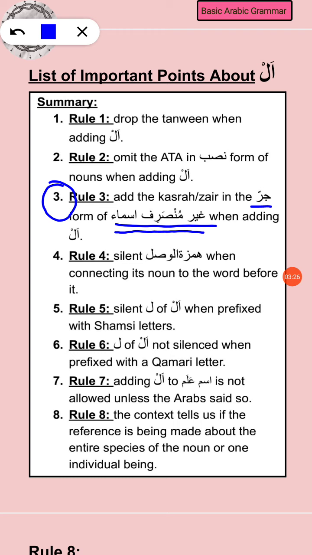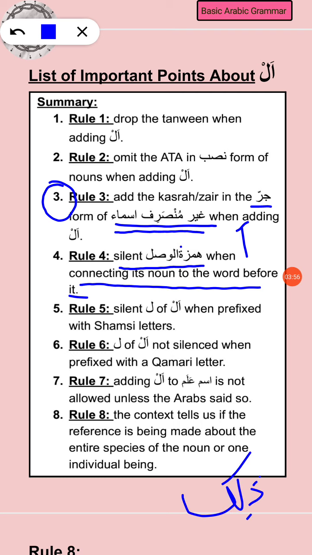Then proceed to the next rule, which is to silence hamzatul wasl when connecting its noun to the word before it. The hamzatul wasl gets silent when it is connected to the word before it. This is the same as zalikal kitabu.